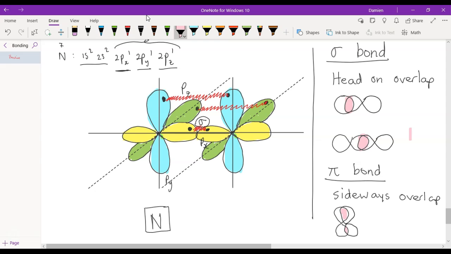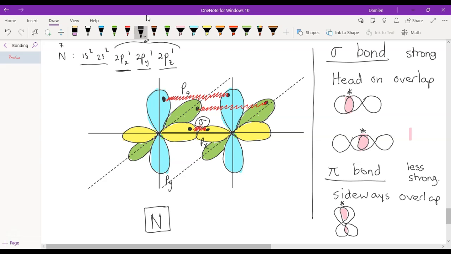The amount of area that's overlapping in a sigma bond, so this area of overlap and this area of overlap, is actually much greater than the area of overlap in a pi bond. So the sigma bond is, let's say, strong, and the pi bond is less strong, or weaker.